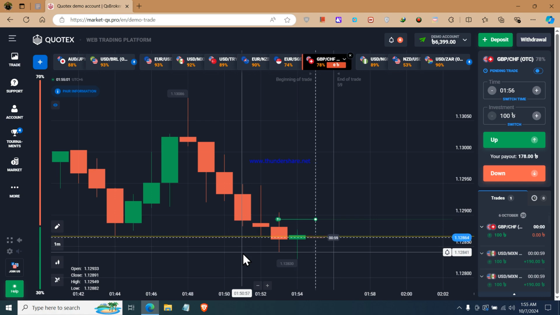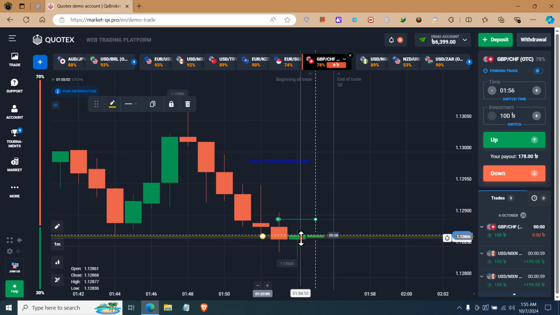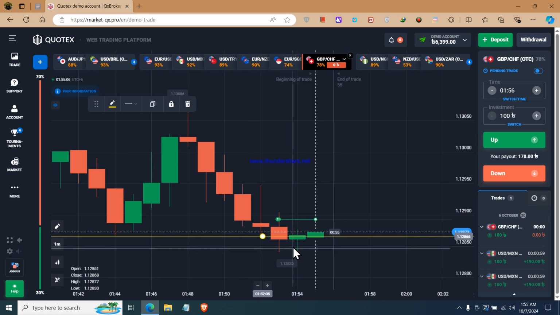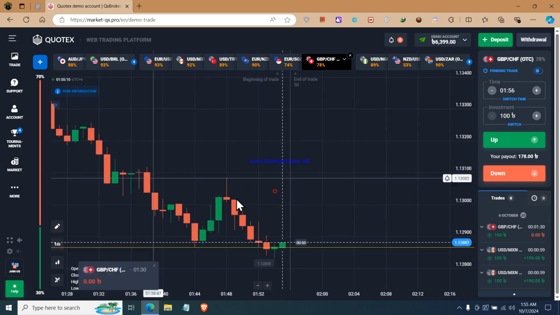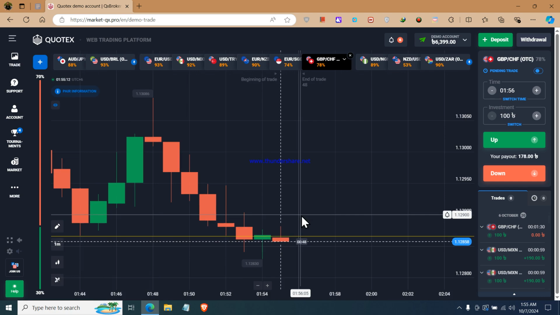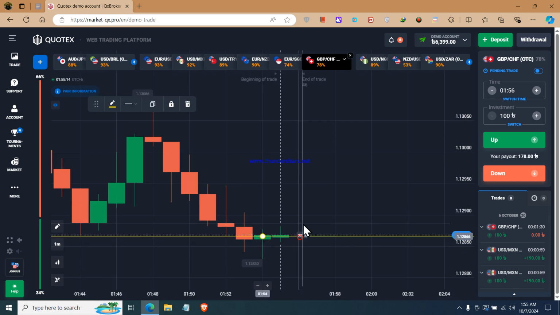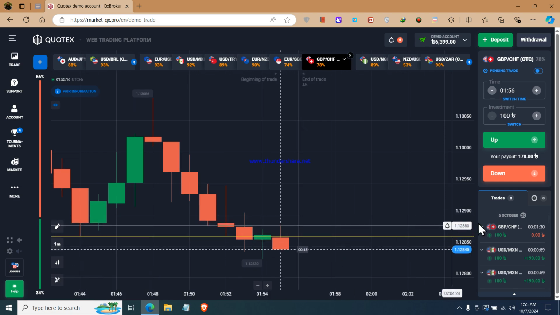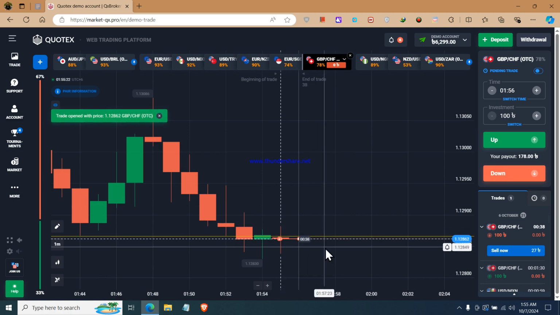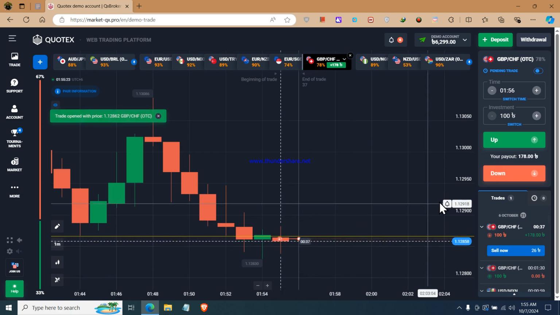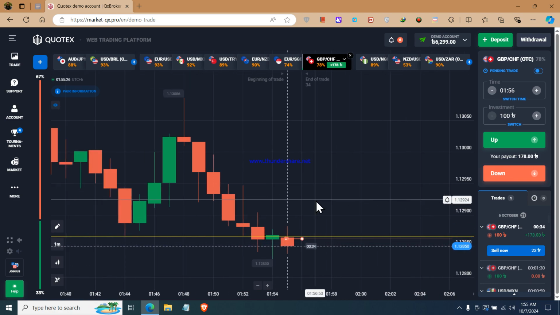And the sellers were not able to make this level a resistance, but there was a gap down. Okay, they will again try to make this a resistance, I think. Let's see what happens.